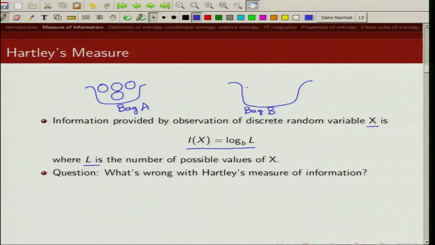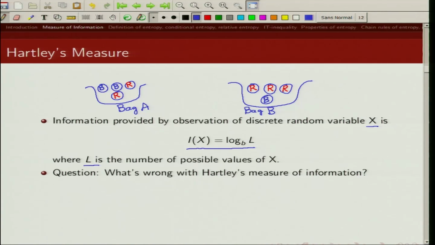In bag A, 2 of the balls are of blue color and 2 of the balls are of red color. Whereas in bag B, there are 3 balls of red color and 1 ball of blue color.